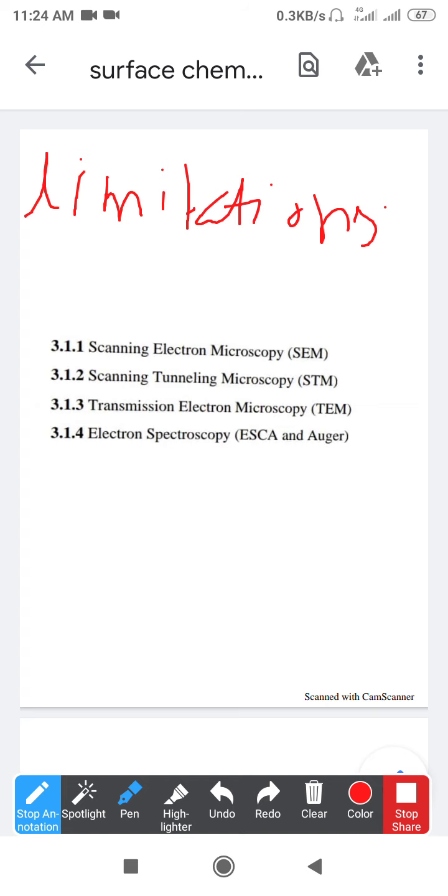Again, if we use very drastic conditions for the analysis, such as very high temperature or improper radiation exposure to the solid surface, there might also be changes in the surface that will alter its properties.